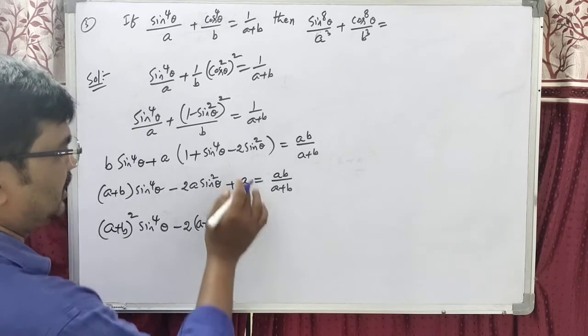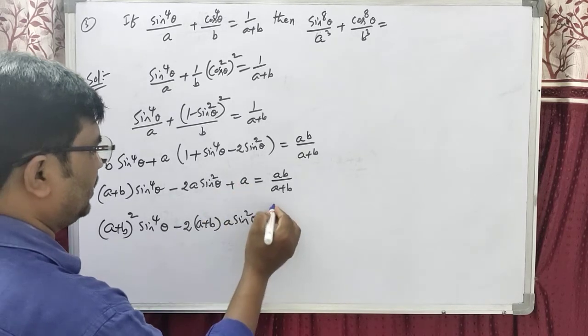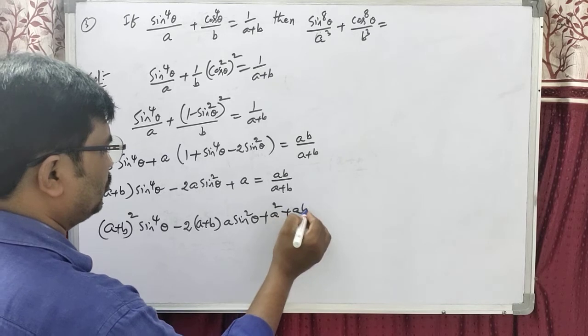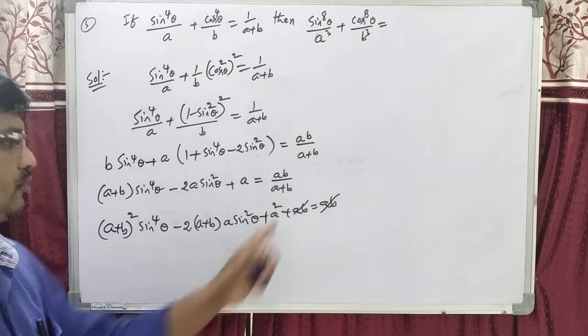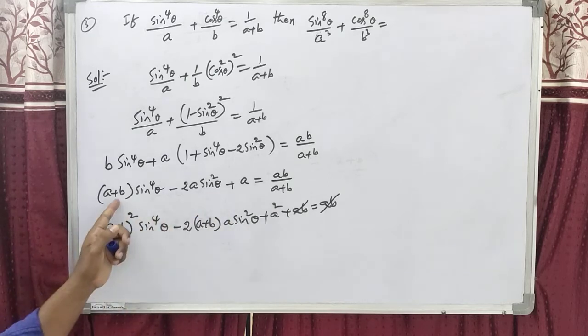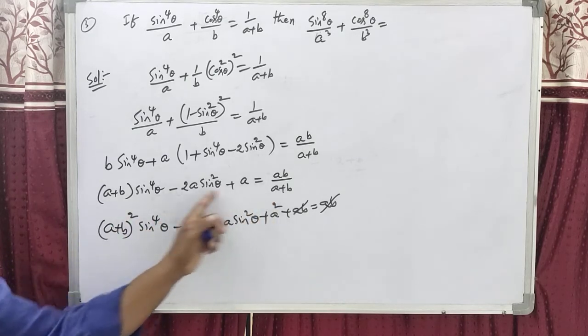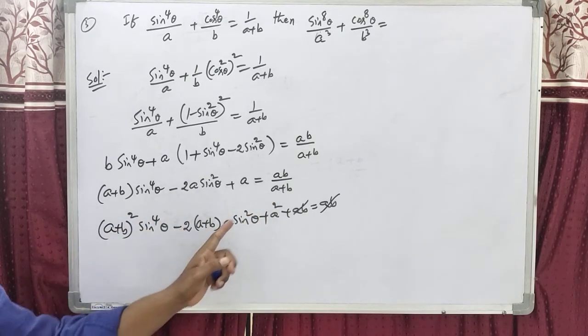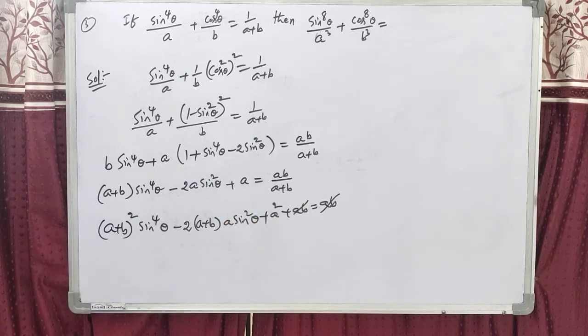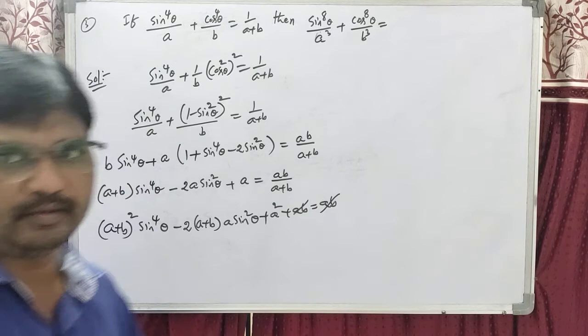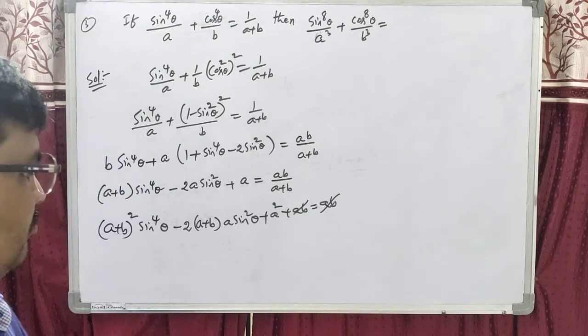Therefore a into a square, a into b, ab equals ab. How to write this? The (a plus b) sent to the other side: (a plus b) whole square minus 2a into (a plus b) sin square theta, a into a square, ab cancel, plus ab sent to the other side, minus ab, it becomes 0.